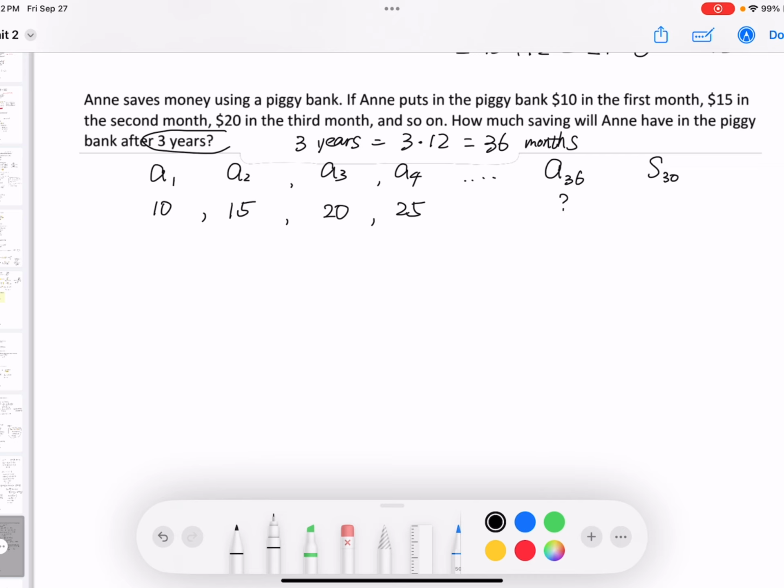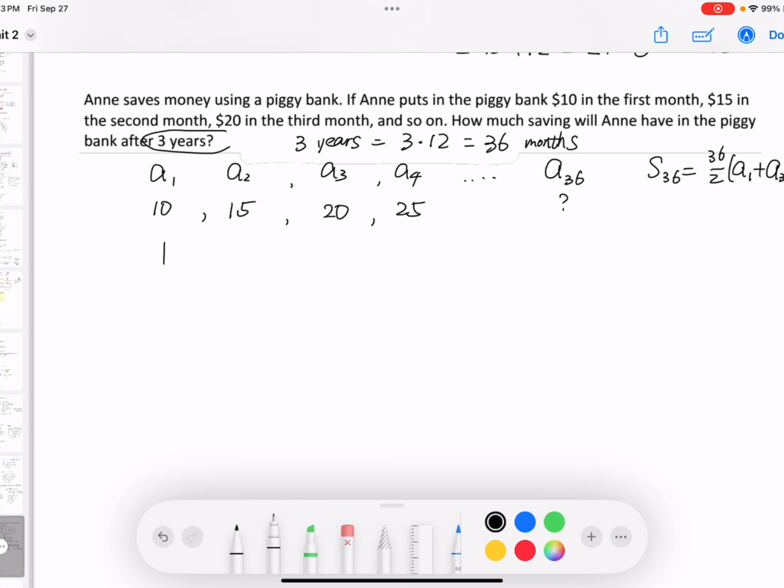That means we need to find S sub 36. So S sub 36 is equal to 36 over 2, multiplied by A sub 1 plus A sub 36. So let's see what A36 is. Looking for A36, I need to find the common difference.